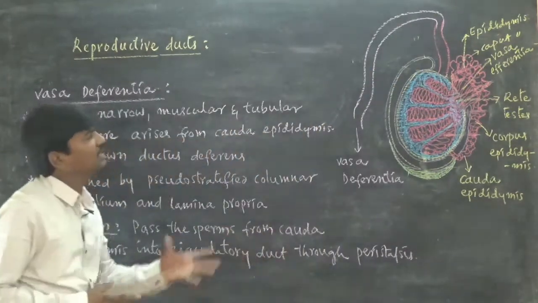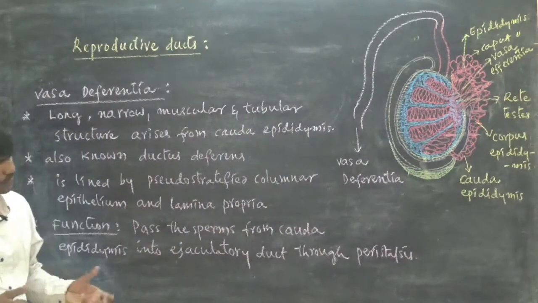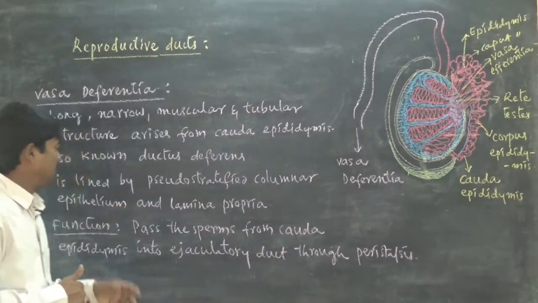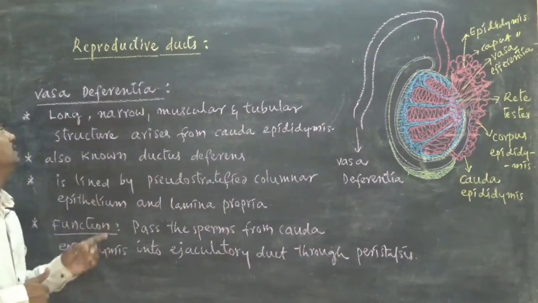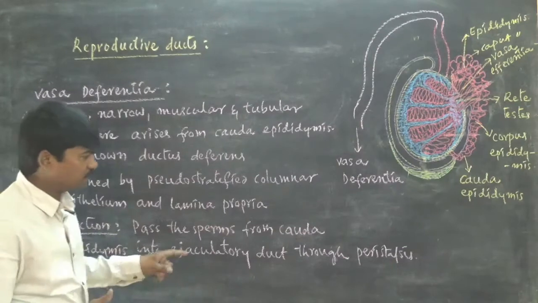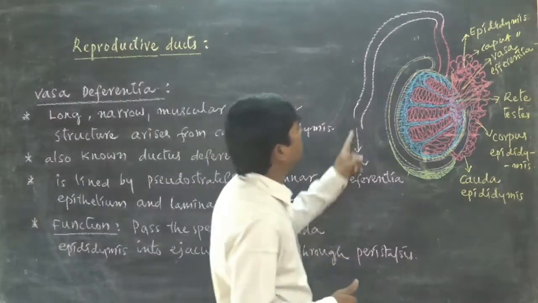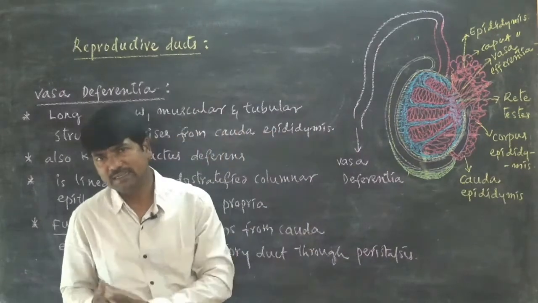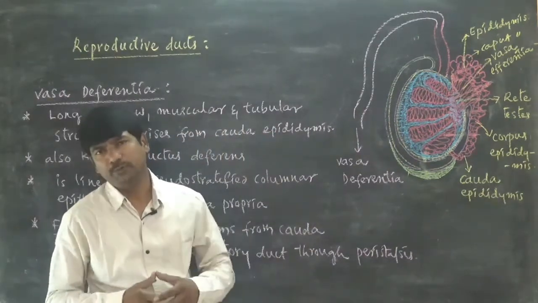There we can identify the ejaculatory duct, through which sperms are released into the vagina of the female. The main function of the vas deferens is to pass the sperms from the cauda epididymis into the ejaculatory duct, and from there into the urethra, and finally they are released into the female reproductive tract, called the vagina.